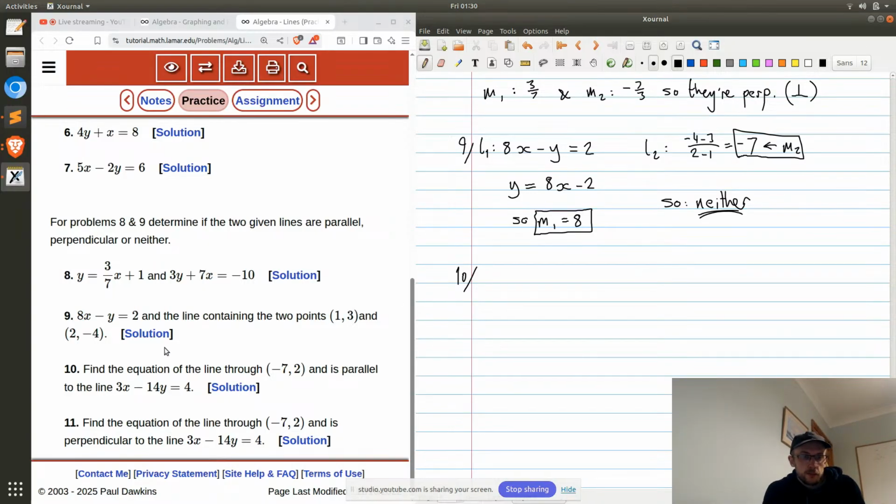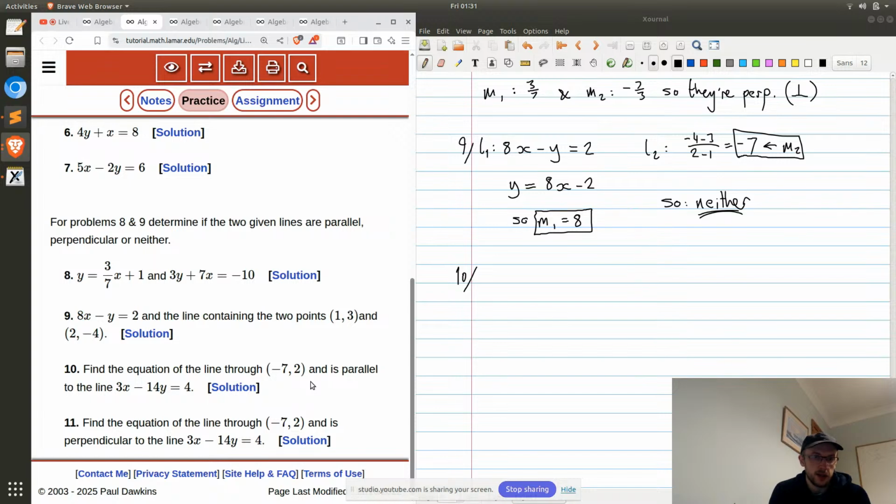Now, that's problems 8 and 9 done. For problem 10, find the equation of the line through negative 7, 2. That's a little bit ungrammatical.